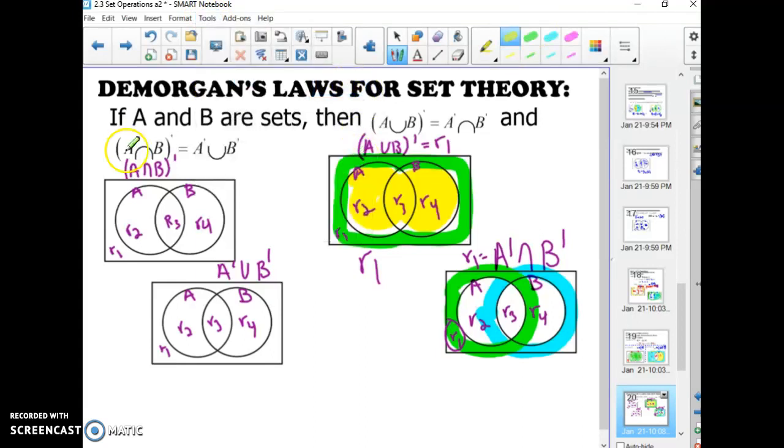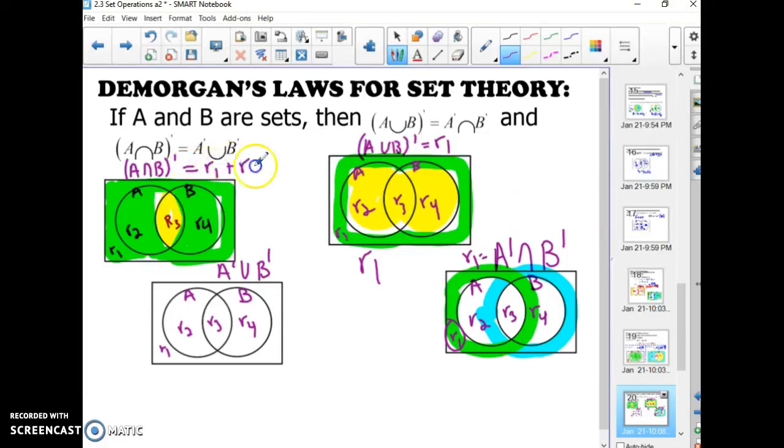Okay, intersection of A and B. The intersection is here. Okay, A and B intersection, but I need the complement, so that's everything outside of that. So that's going to be everything I'm highlighting in green. So that's going to be equal to region 1, region 2, region 3, and region 4. So that's region 1 plus region 2 plus region 4.